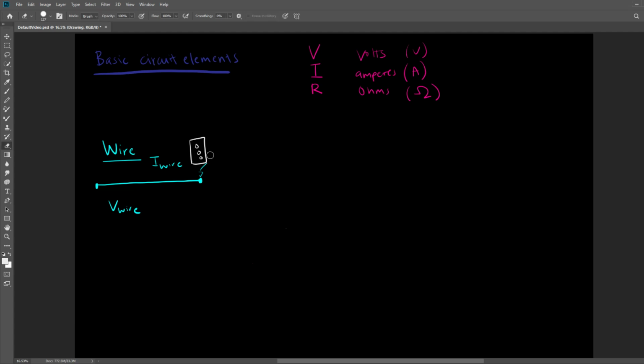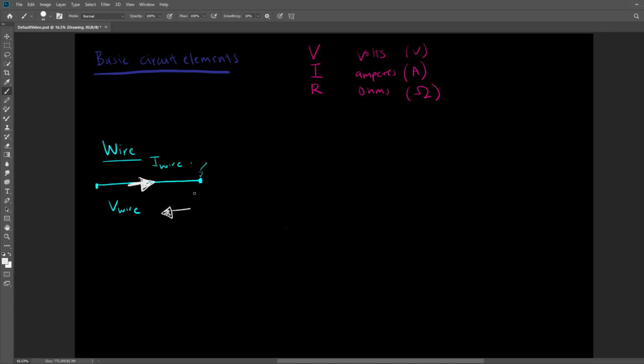So we just use an arrow to signify direction, and this direction is just arbitrary. So you can just put it this way. You could have written it the other way as well, like this, but it doesn't really matter. Oh, and we don't really use this tail just because the tail doesn't really tell us anything.